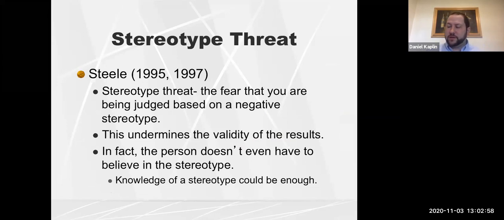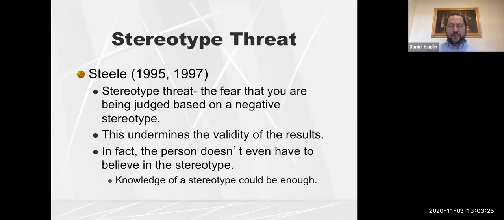Claude Steele talked about this theory called stereotype threat. Now, what is the concept of stereotype threat? Stereotype threat is that if you know a stereotype about your group, or you feel that you're being judged based on a stereotype, you don't even have to believe the stereotype for you to be affected by the stereotype.